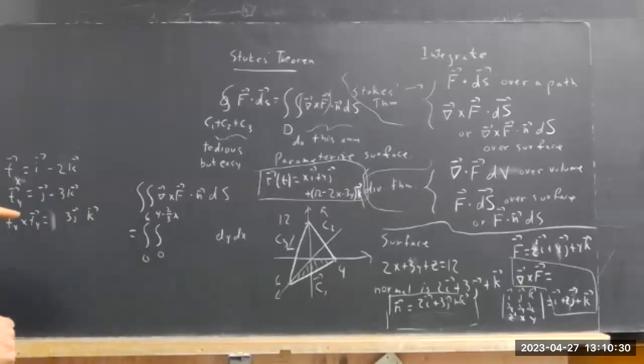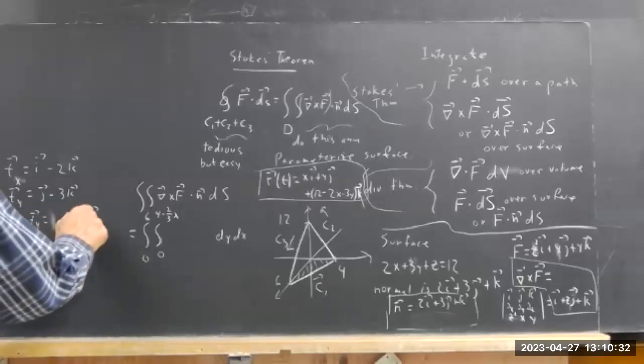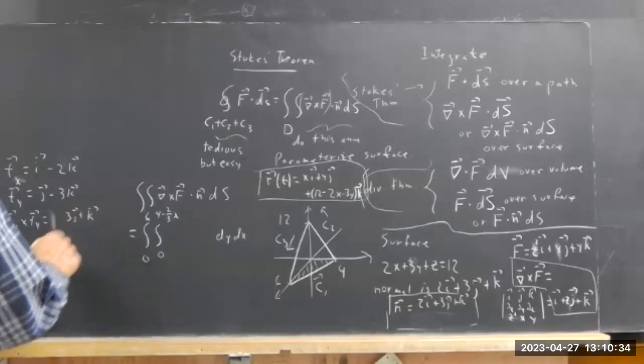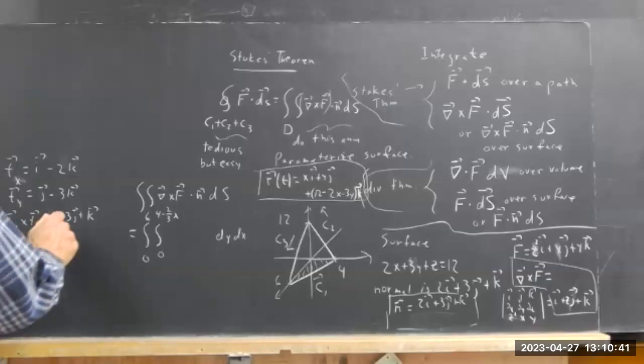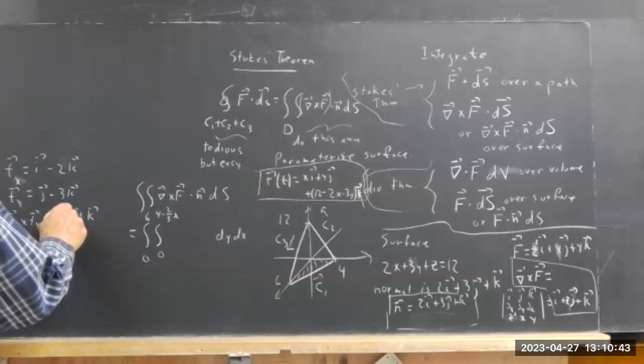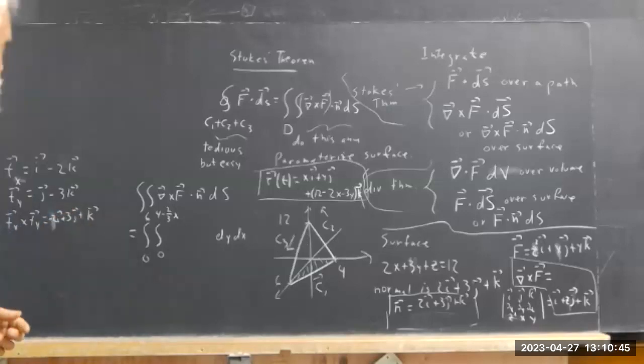And then j cross k is i, so we're going to get minus 2i. Normal with that, because that isn't normal for that surface. What am I doing?